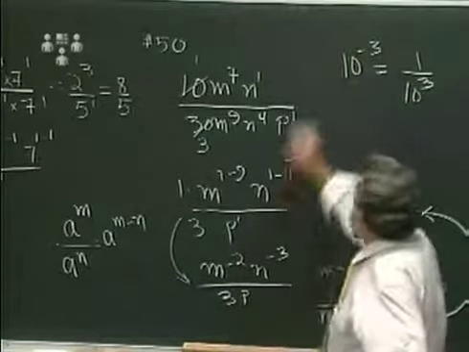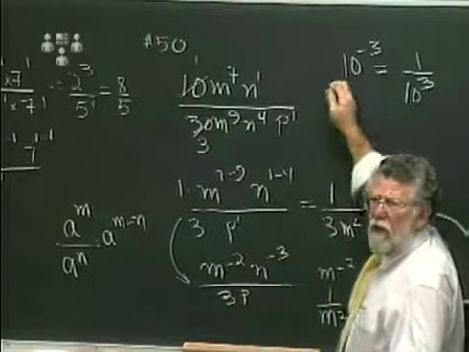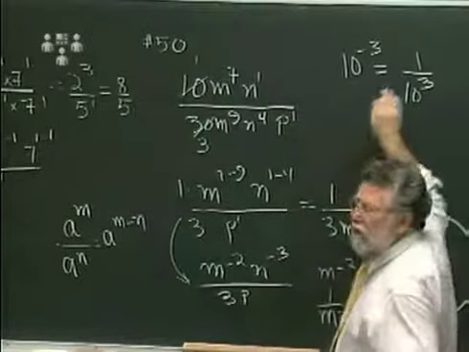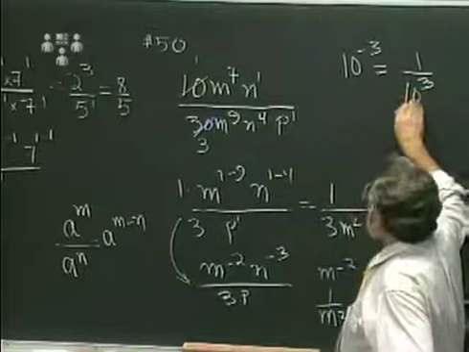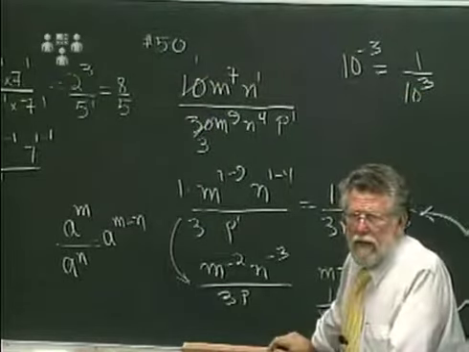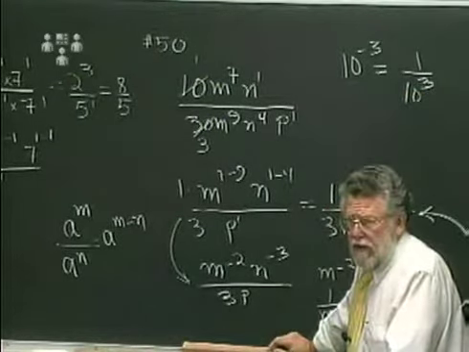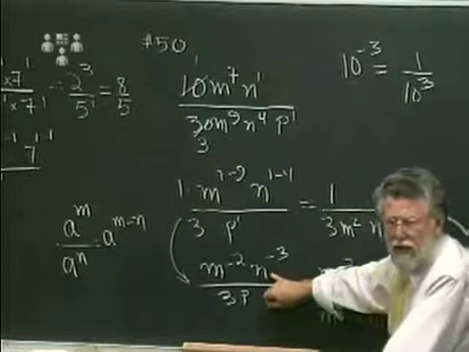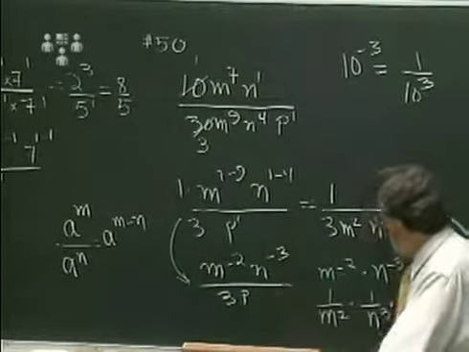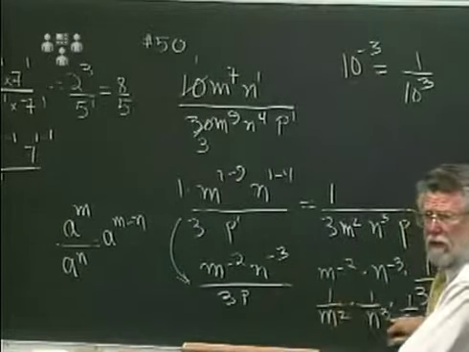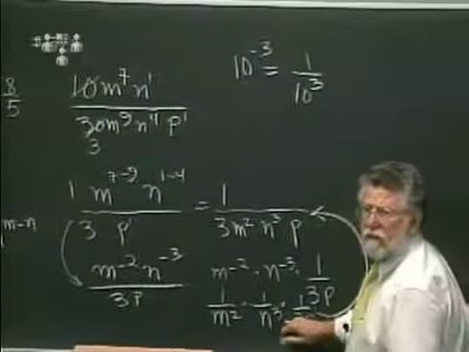That when this is written, 10 to the minus 3, you understand that is the same as 1 over 10 cubed. And that holds with any base. So again, n to the minus 3 means 1 over n cubed. And that's what I did here, is simply rewriting it. Thank you, Chris.